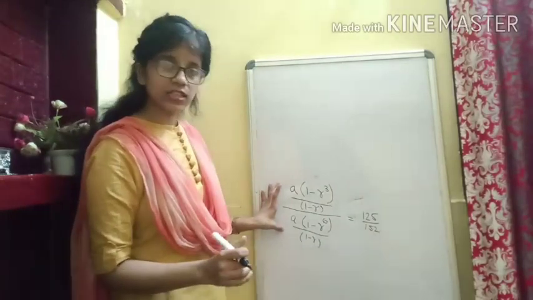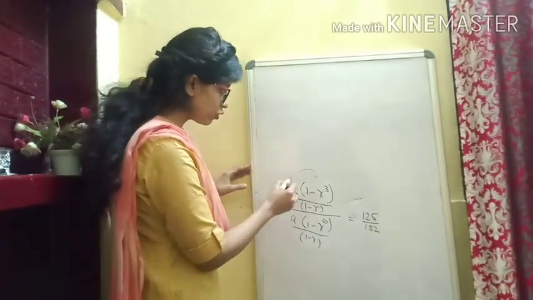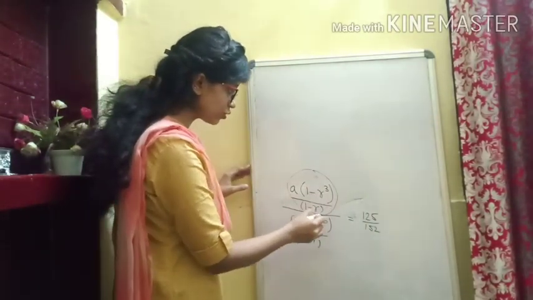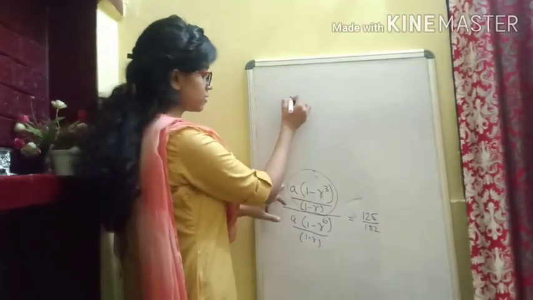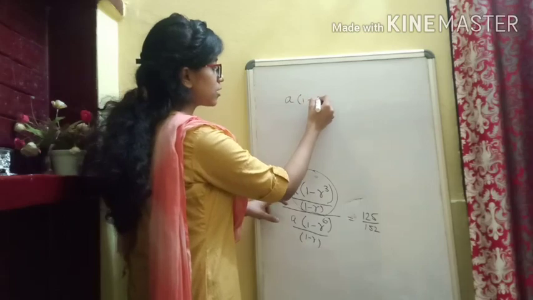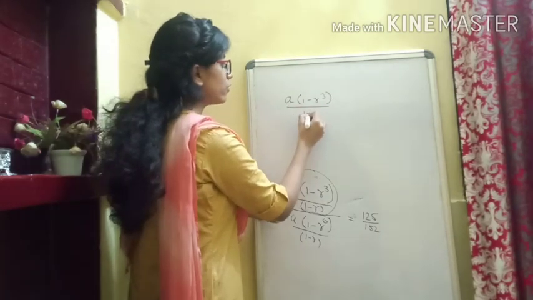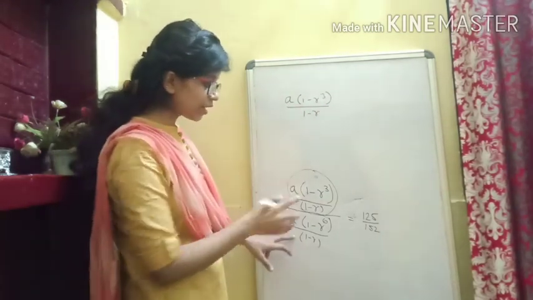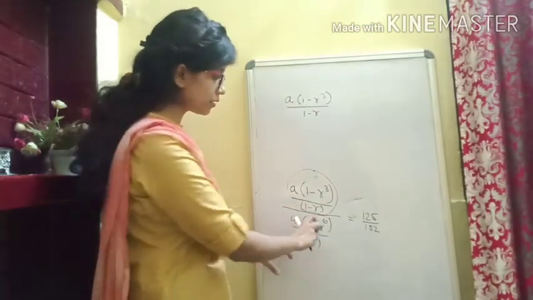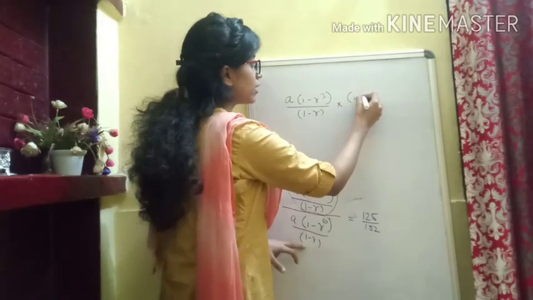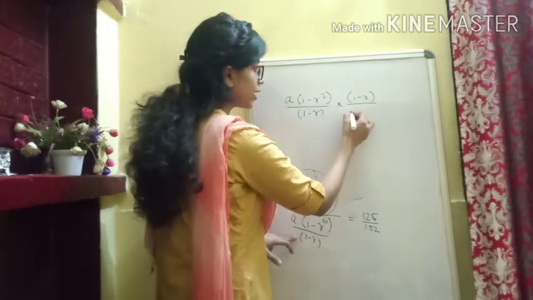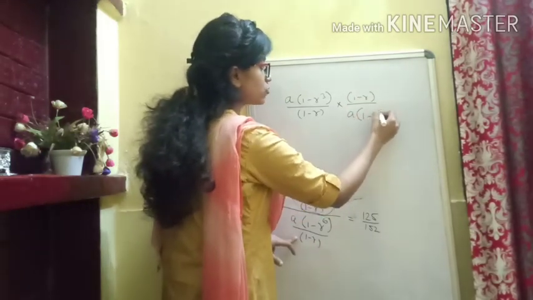Okay, here in the LHS, this thing is your numerator, and this is your denominator. So we are going to write the numerator as it is, a(1 minus r to the power 3) upon 1 minus r, and to simplify, we are reciprocating the denominator. So when you reciprocate, you will get 1 minus r upon a(1 minus r to the power 6).